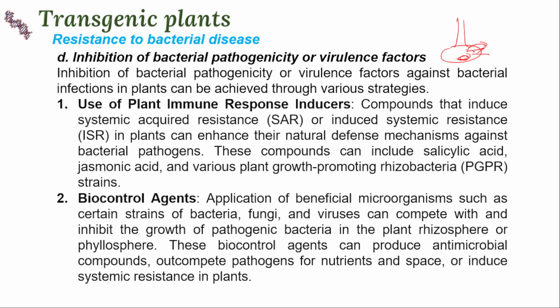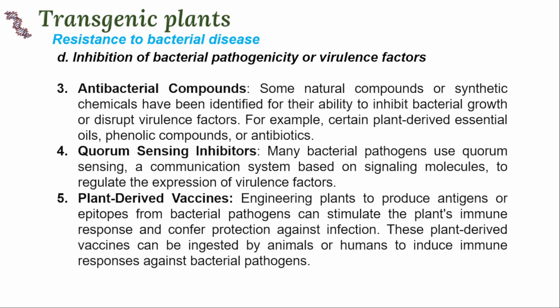These bacteria have a useful effect for the plants, but also prevent infection by pathogenic bacteria. Likewise, we also use biocontrol agents like bacteria, fungi, and viruses, which will defend against the pathogenic bacteria that cause infection in the plant cell. The same antimicrobial compounds will be produced, and other plant-derived vaccines are produced. Likewise, we can easily inhibit bacterial pathogenicity.